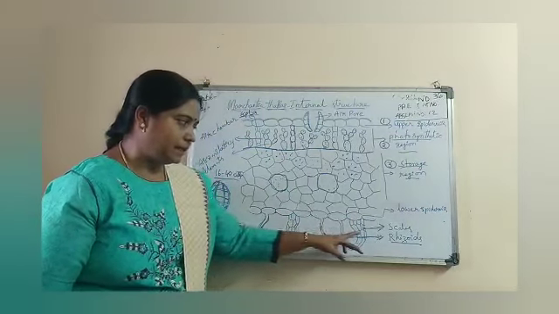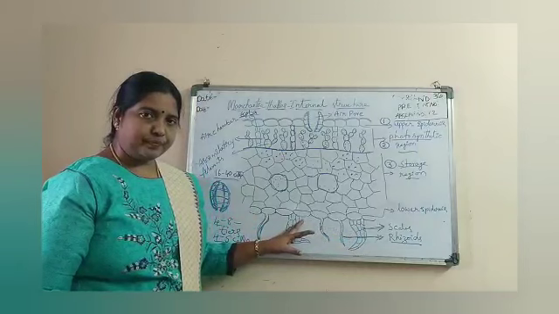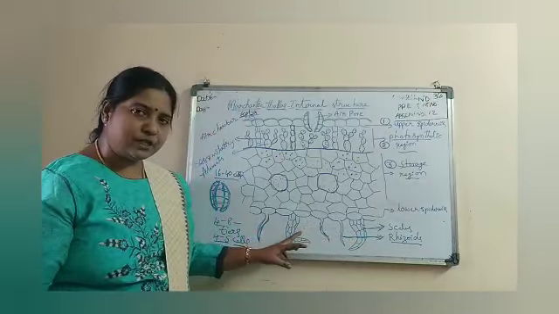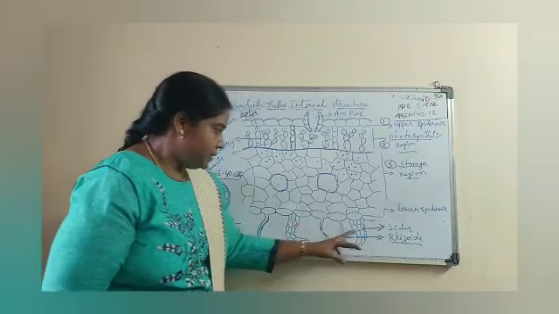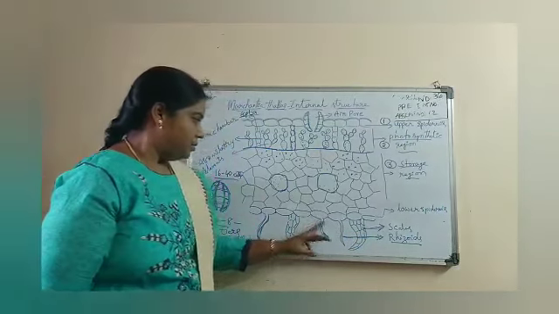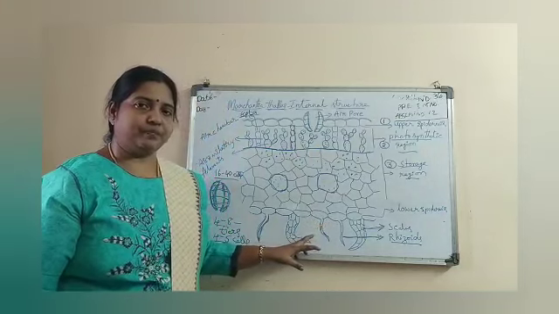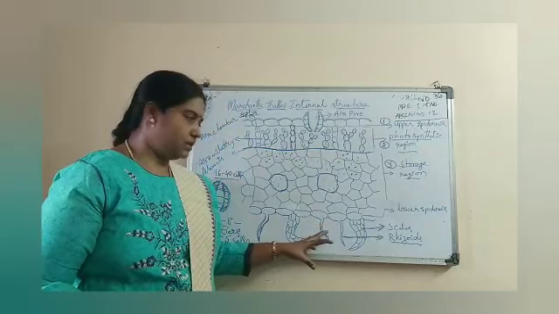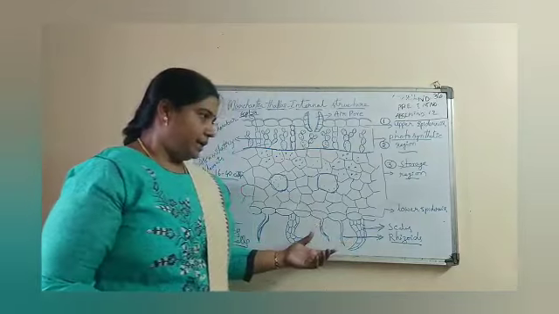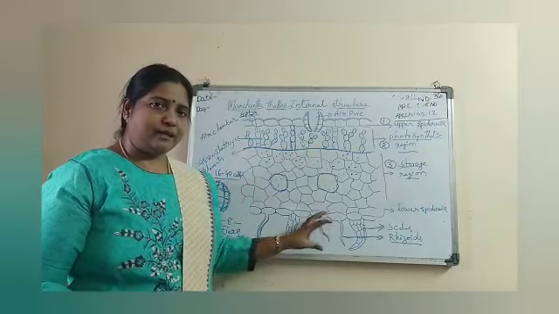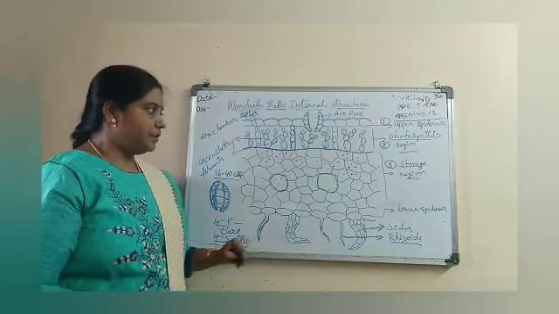The scales are multicellular. What is the function of the scales? The scales help in prevention of the plant from desiccation. Desiccation means drying up of the plant. They help to keep the plant in moist conditions.